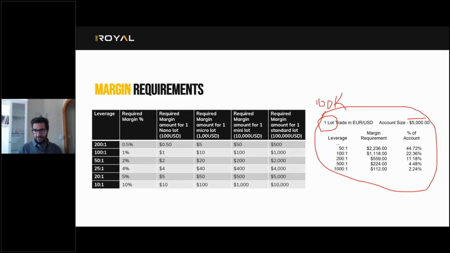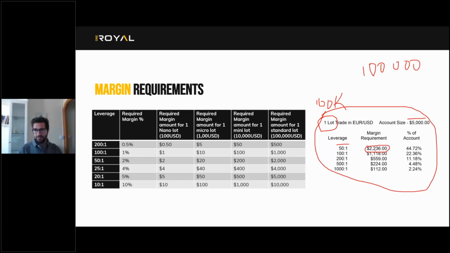If we take the first example, let's say your broker provided you with a leverage of 50 to 1 to be able to trade 100,000, the margin required is 2,236.